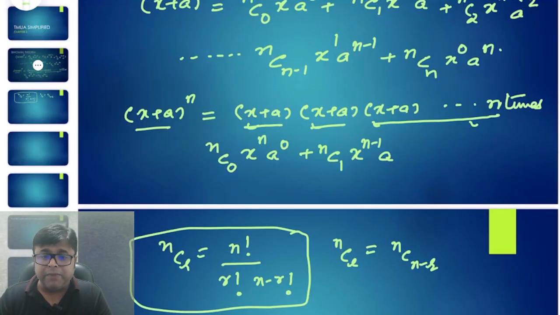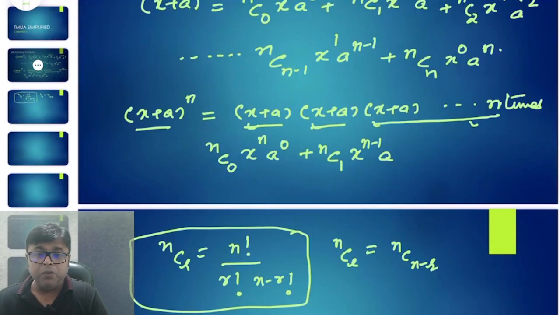So it doesn't matter whether you are selecting in terms of a or x, because if you have selected x from one bracket, in the remaining brackets you are selecting a, so it's natural. You don't have to make a selection at that point of time. So nc1 x to the power n minus 1 a.